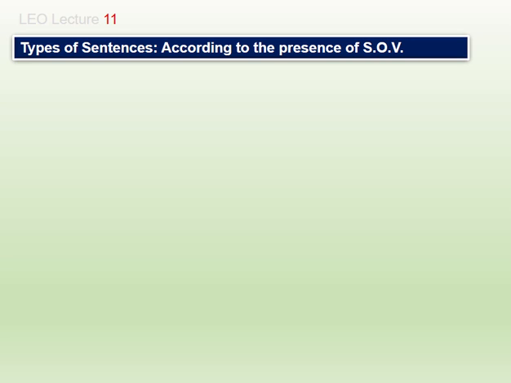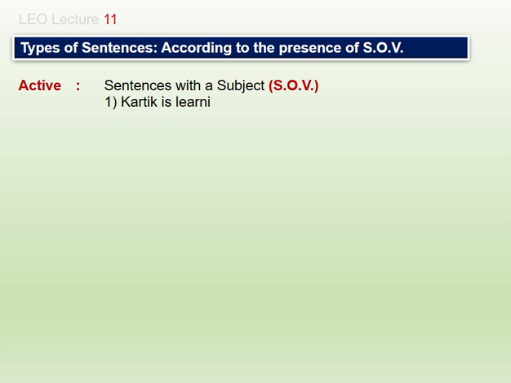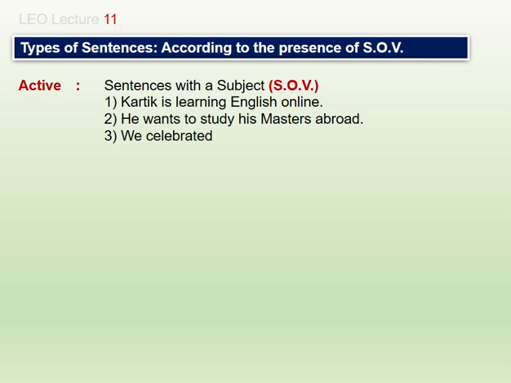You are going to see on your screen, guys, active sentences. If we want to understand what is active, then these are sentences with a subject. We are talking about sentences where we have one or more subjects. I have written in brackets, in brown fonts, subject, object, verb.